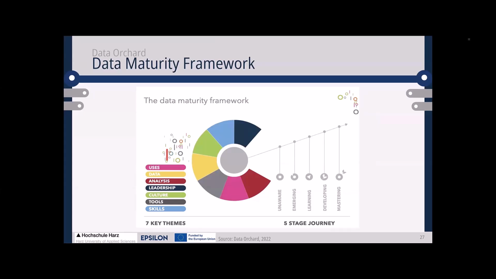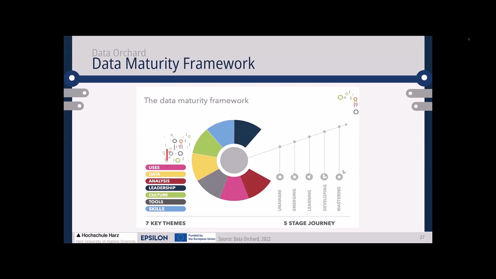The data maturity framework separates the data into 7 key themes: the users, the data, the analysis, the leadership, the culture, the tools, and the skills. So if you go through those 7 key themes, you will find the areas in which data plays a role. Users means in which way does the organization use data already?